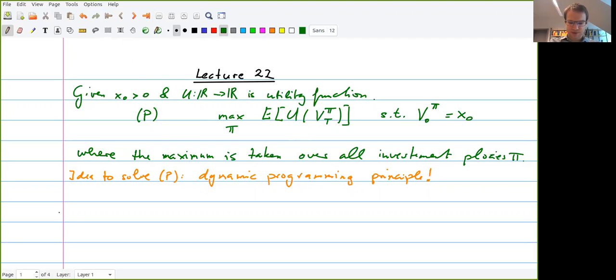So in order to capture this idea, we introduce the function J, to implement this idea.